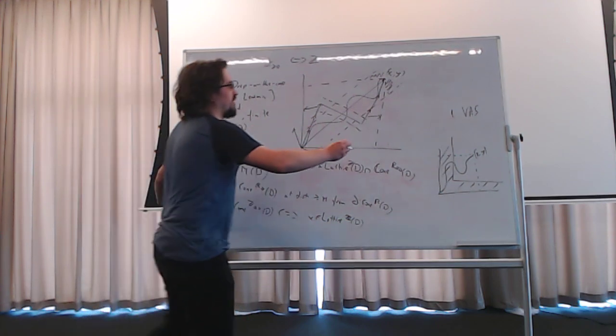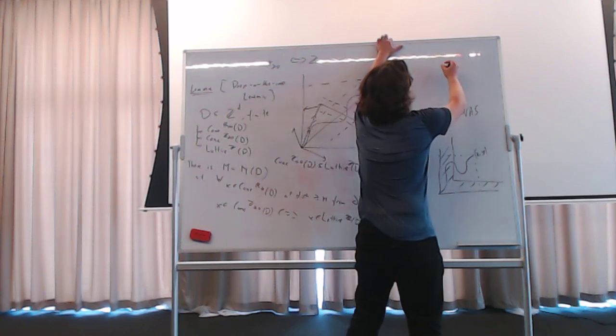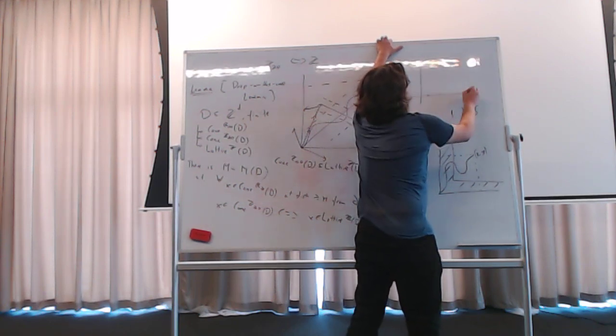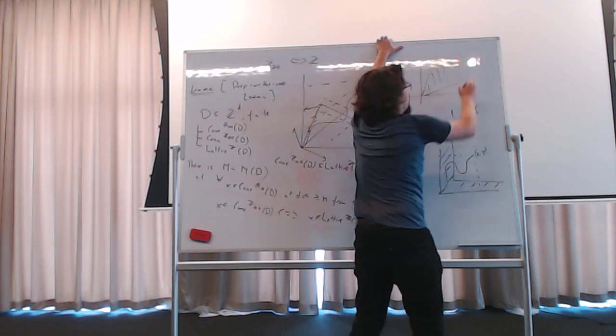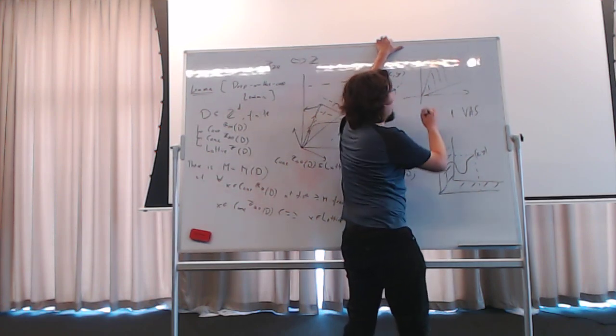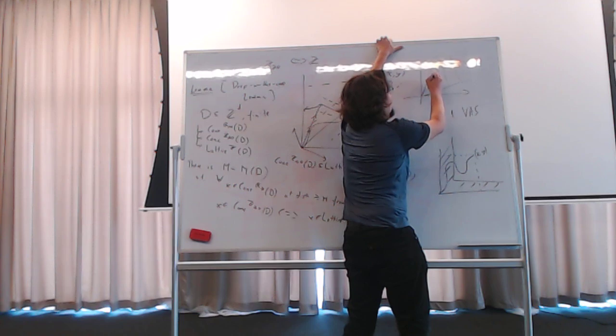So the picture is that you've got here the real cone, and now you've got also the lattice. Let's draw it like that.